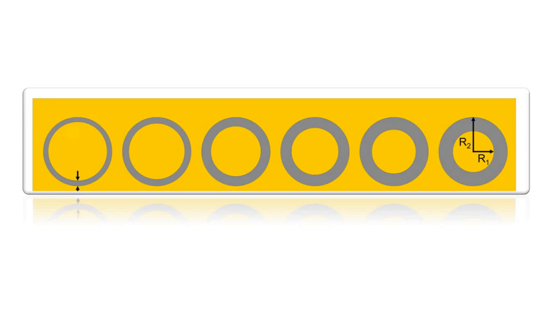You measure the current across these contacts, and then you repeat the process for the rest of the contacts as well. Now here you can see R1 represents the radius of the inner circle, and R2 represents the radius of the outer circle.